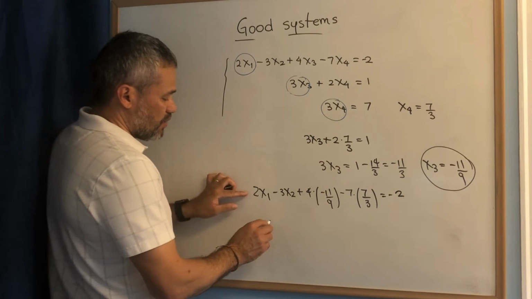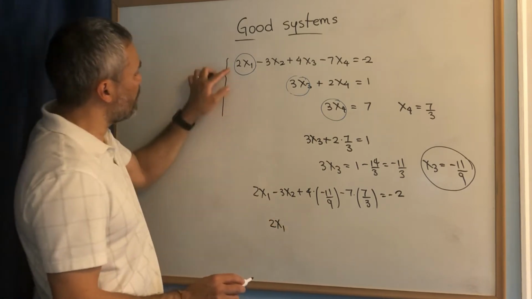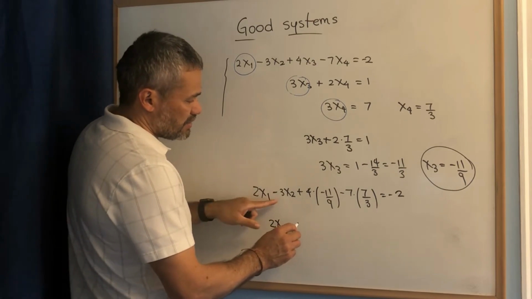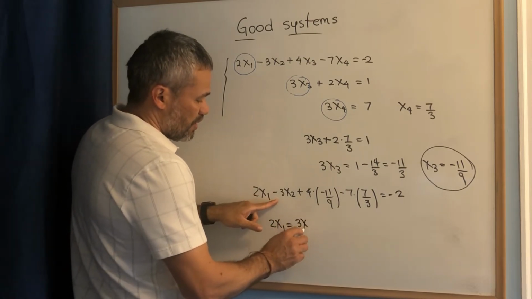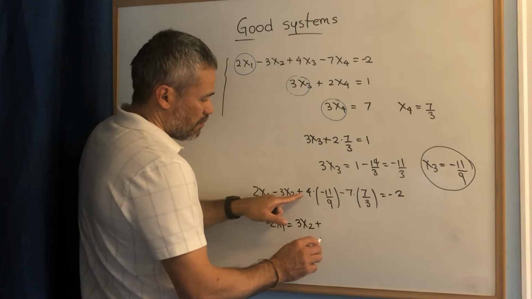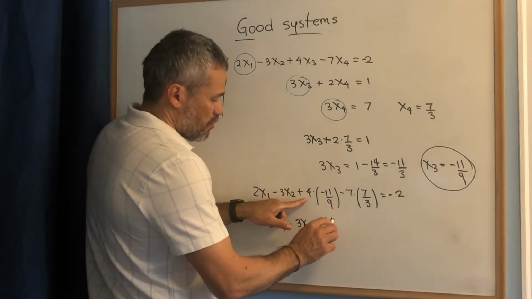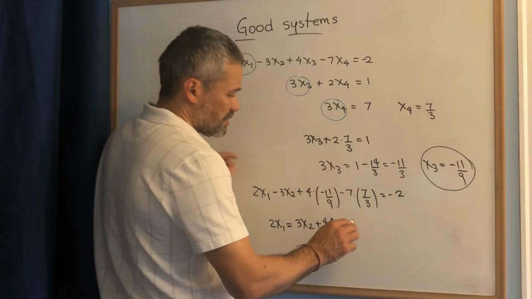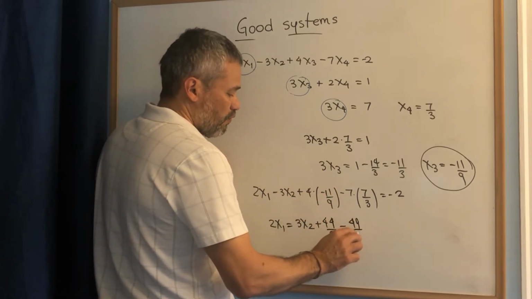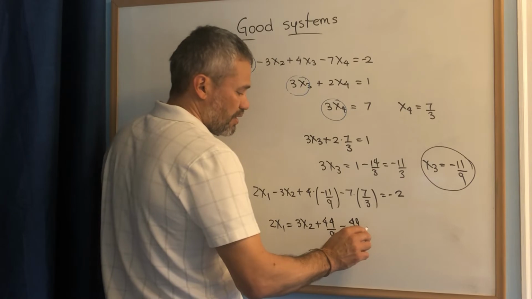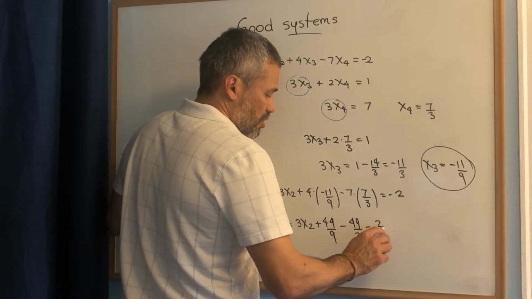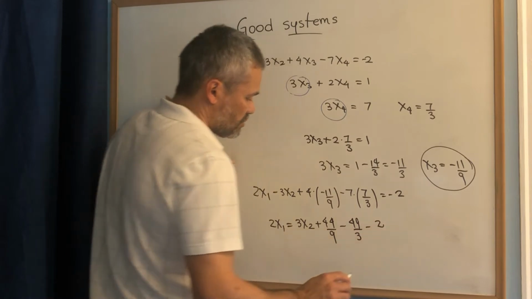That means that, we want to solve for x1, 2x1 is equal to 3x2 plus 44 over 9 minus 49 over 3 minus 2.